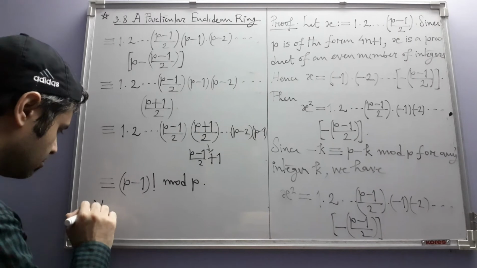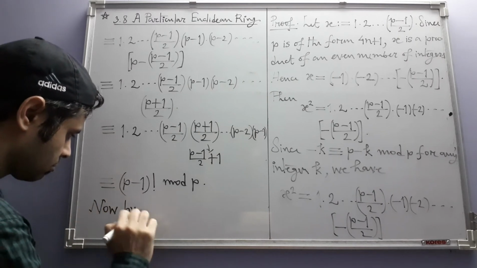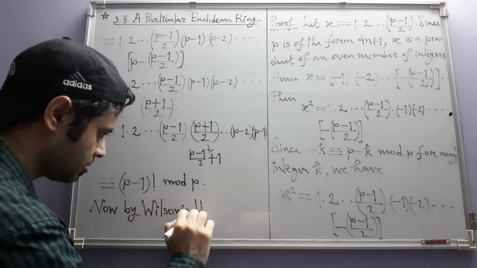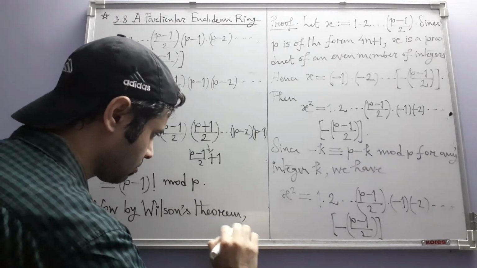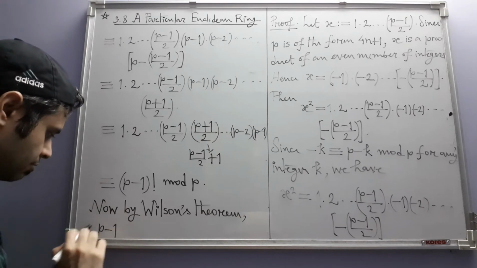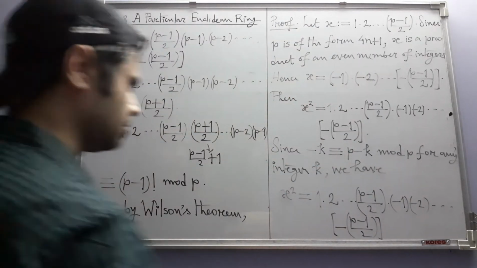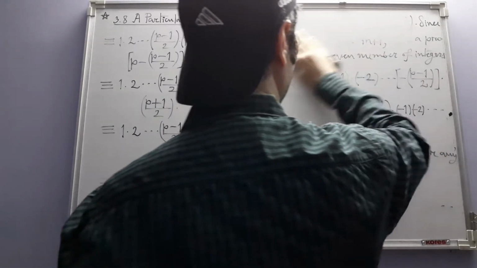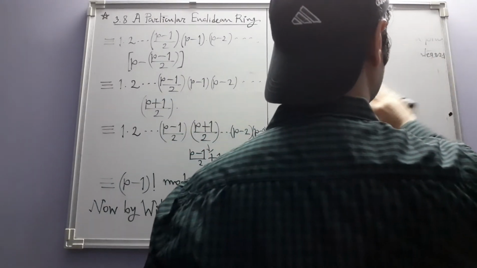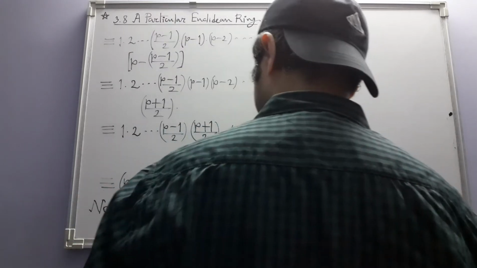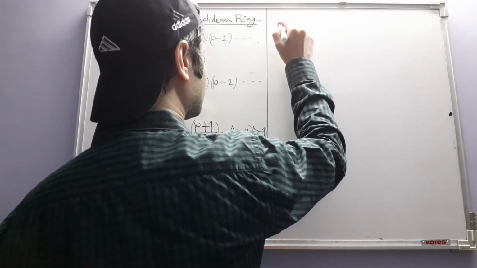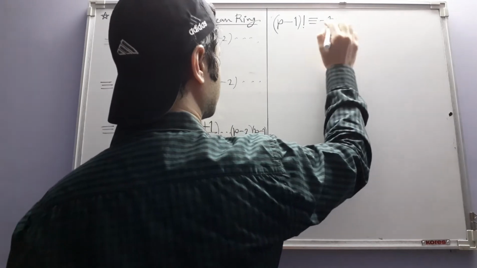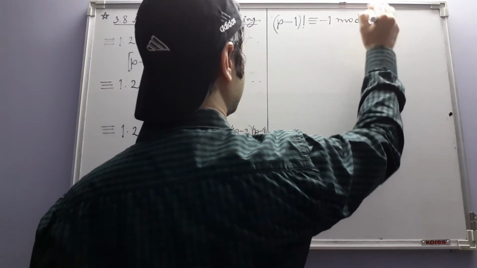Now by Wilson's theorem, p minus 1 factorial is congruent to minus 1 mod p.